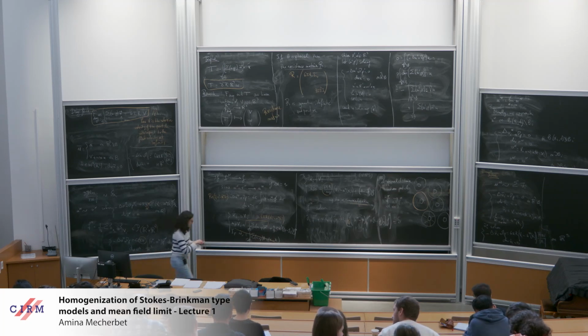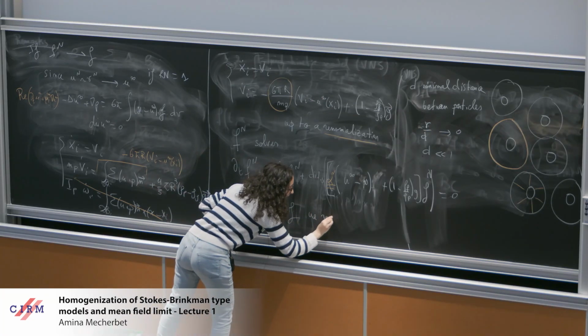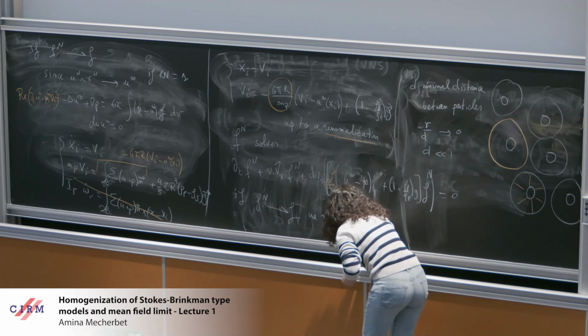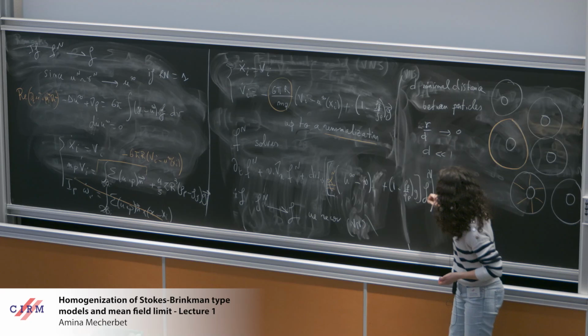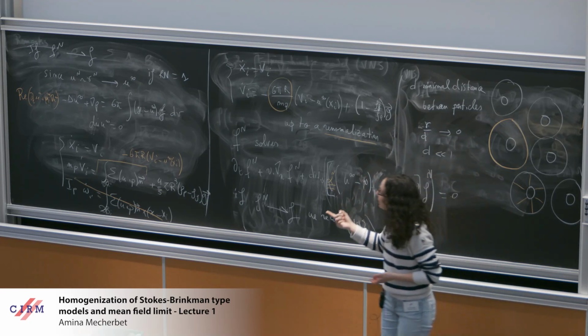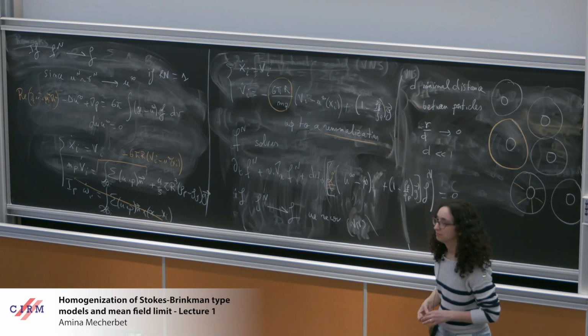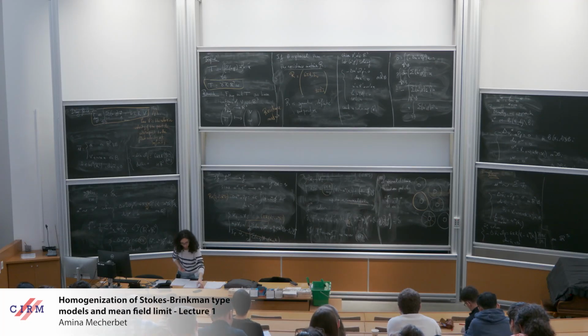Yeah, so if Fn converges to F, we recover a Vlasov-Navier-Stokes system with a gravitational term, actually, which comes from the gravitational effect that we put at the beginning. Yeah, so I don't know if there are some questions.